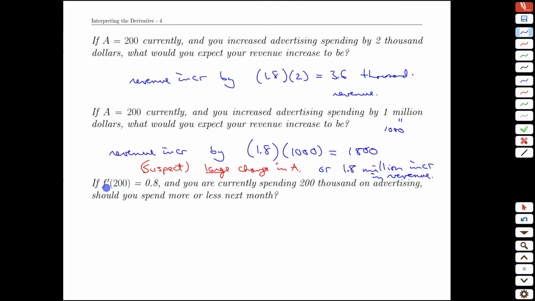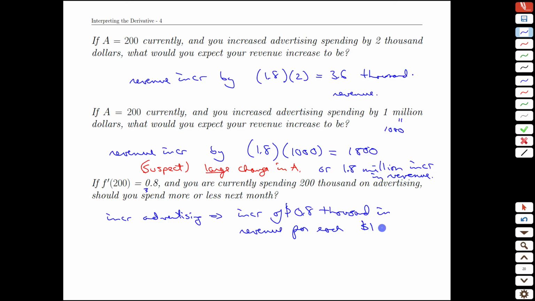Just as an understanding point, what if we had a slightly different version? What if we were told that this derivative relationship had a value of 0.8? Now, what that would mean is that increasing our advertising leads to an increase of 0.8 thousand revenue, $1,000 in revenue for each 1,000 extra spent on advertising.